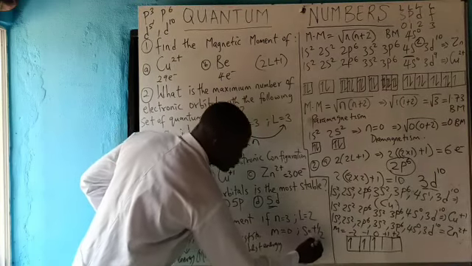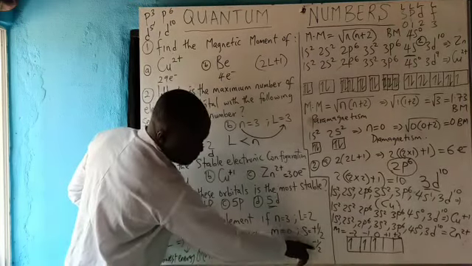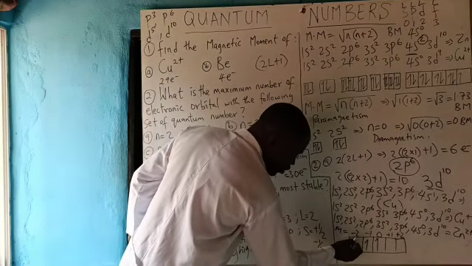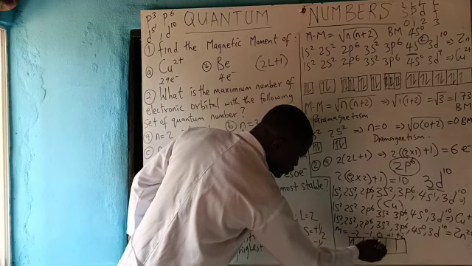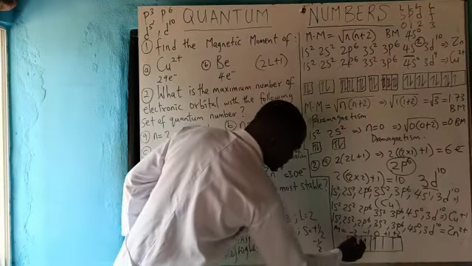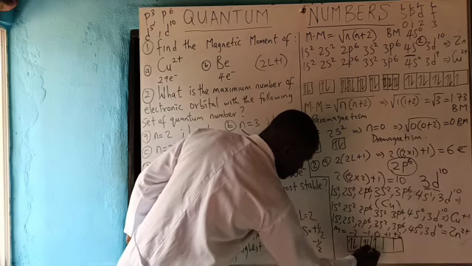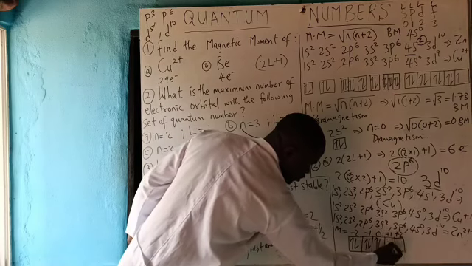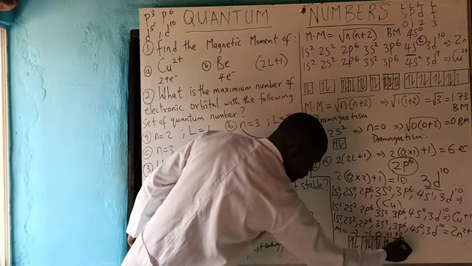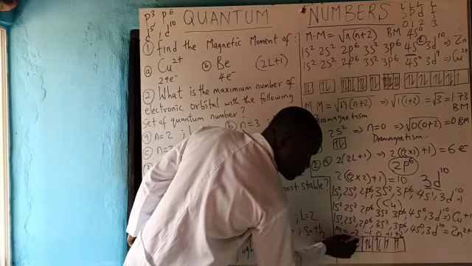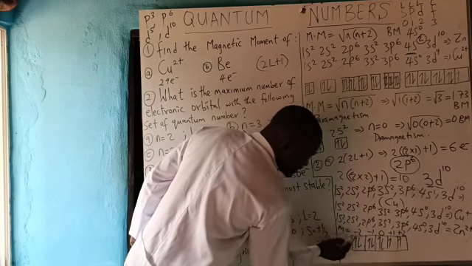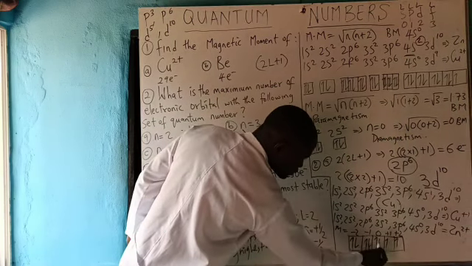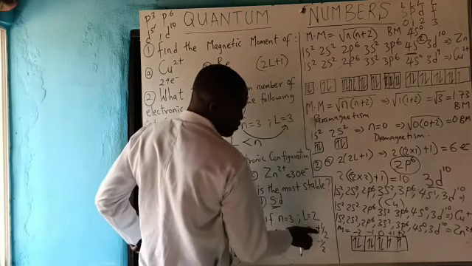If it were minus half, it means it will get filled and start pairing going downward, and stop at M equals 0 with downward spin. But they said it is plus half.